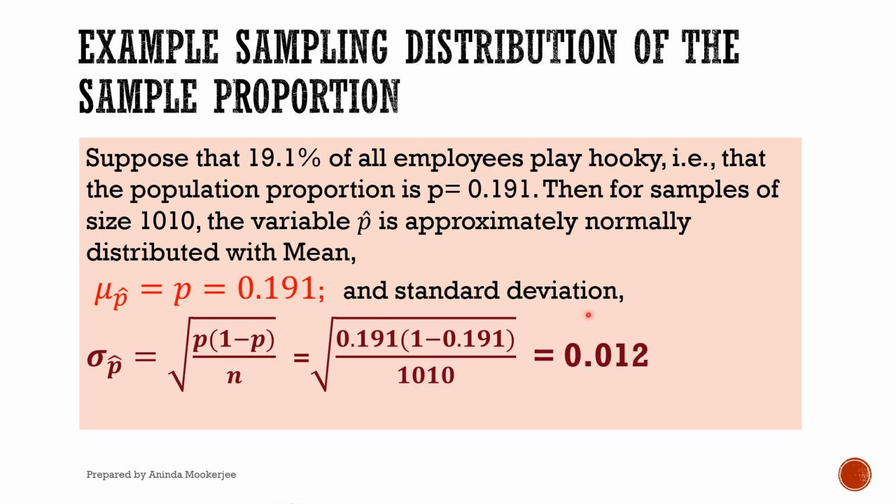Once we take the square root of that, we come up with a value of 0.012. That is the standard deviation of all possible sample proportions, and it'll be normally distributed, which they've already stated here.